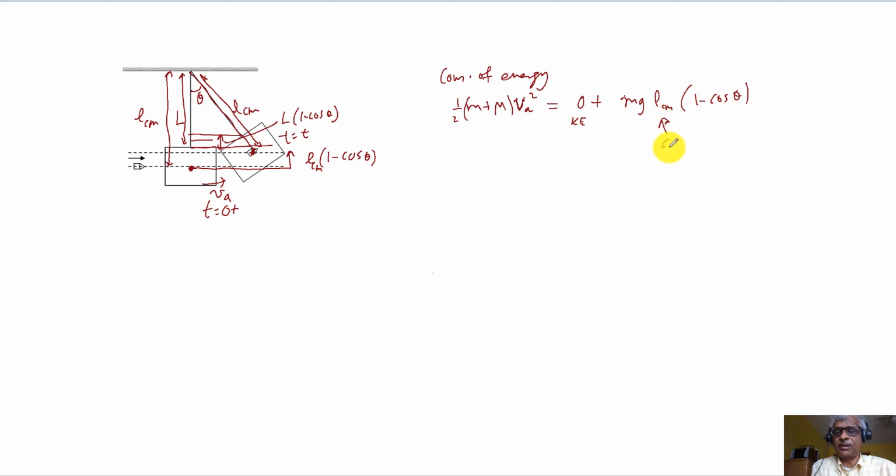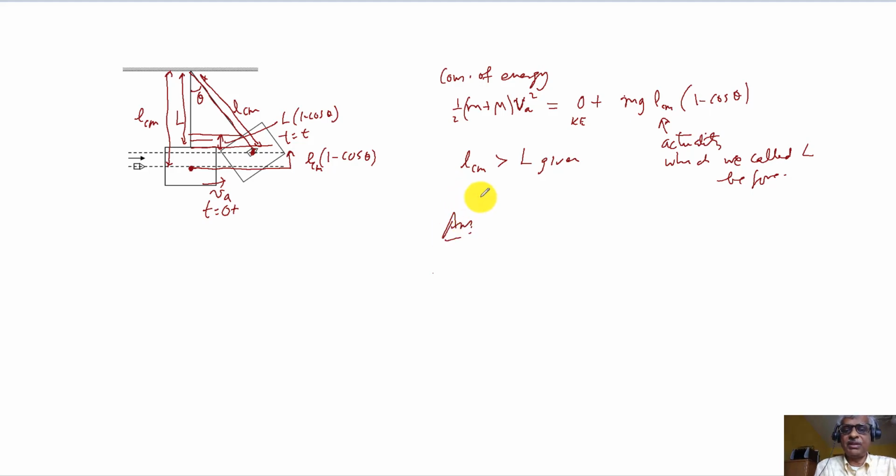This is in actuality, which we called L before. Because L_CM is greater than L given, you can see that there will be a mistake. So the answer would be a little different.